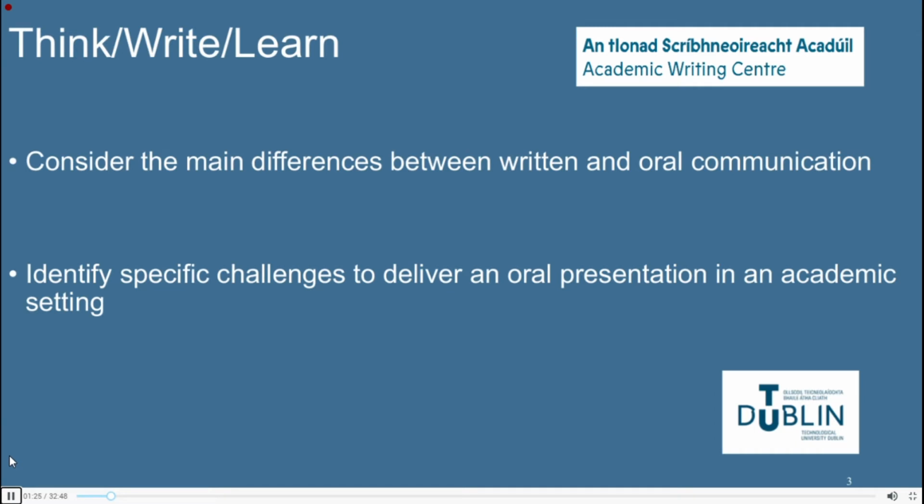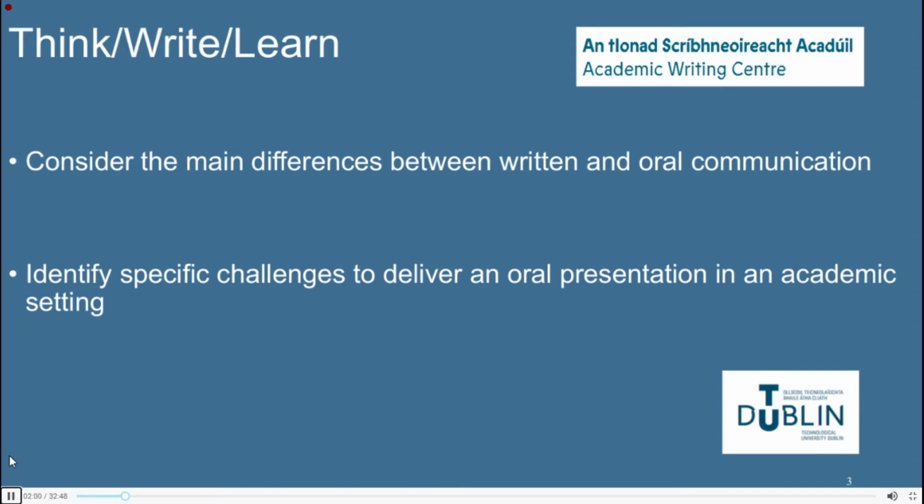Perhaps it is a good idea for you to reflect on these two aspects that are contained in this slide. Reflect on what your understanding is about the differences or indeed similarities between written and oral communication. And also, think about the specific challenges that you foresee in delivering an oral presentation in an academic setting.